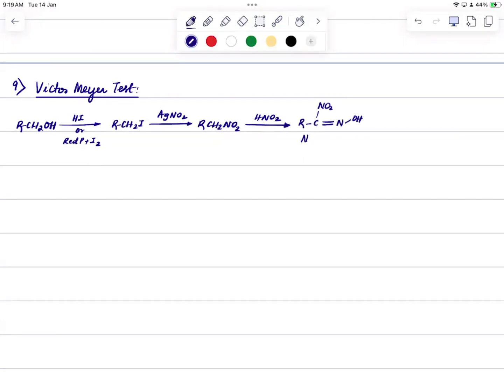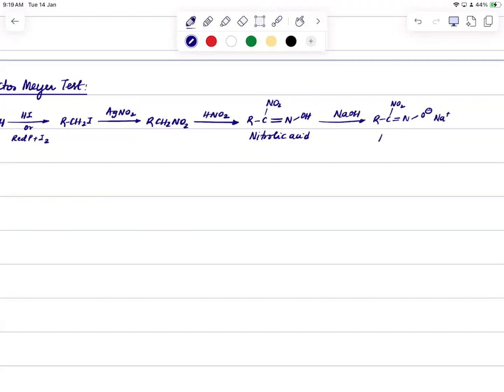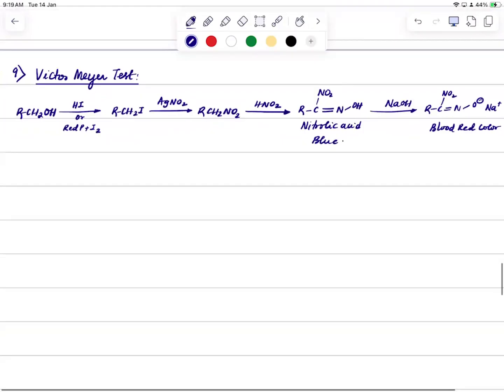Okay. This is called nitrolic acid. And this nitrolic acid, if you treat with NaOH, it will become red color, RC(NO2)=NO- Na+. And due to this conjugation, it will show color. So this will be blood red color, while this is blue color. This one is blue color.